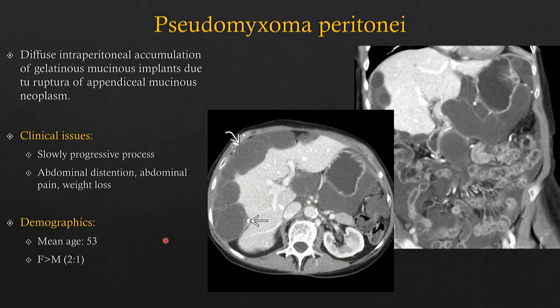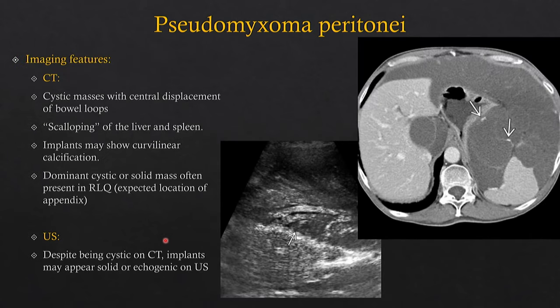And this pseudomyxoma is a multiloculated cystic mass where the dominant cystic or solid mass could be found in the right lower quadrant, that is the expected location of the appendix. And some implants may show curvilinear calcification, as we can see here in this CT scan.